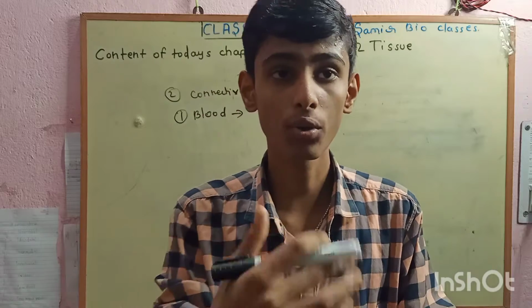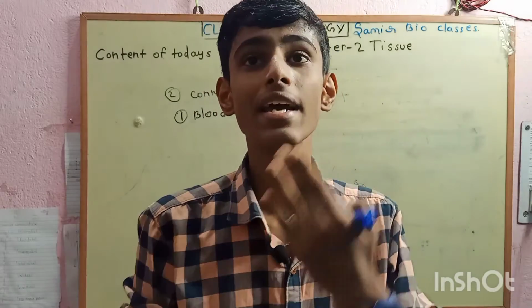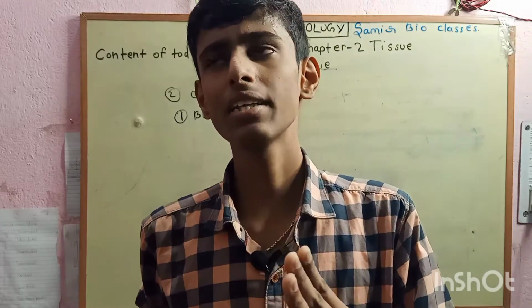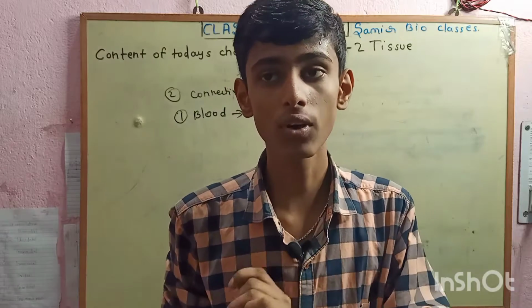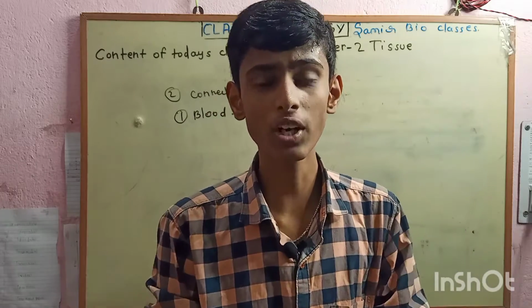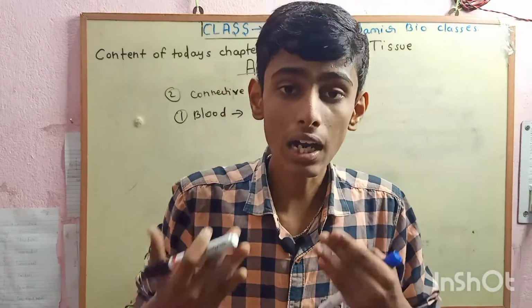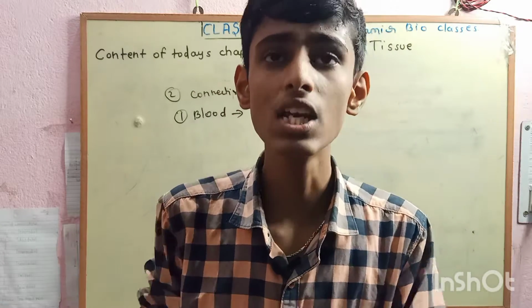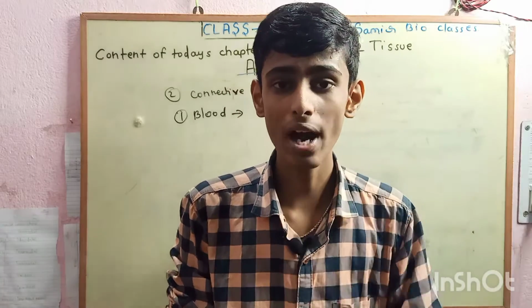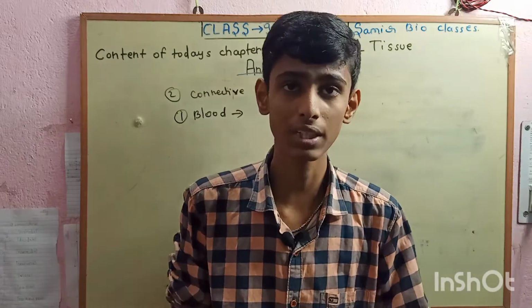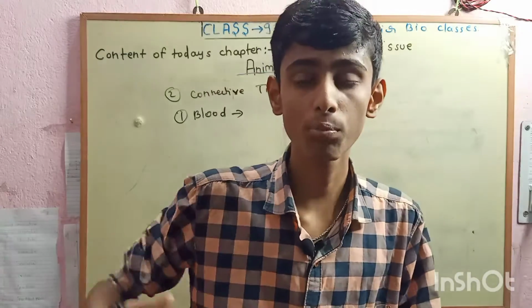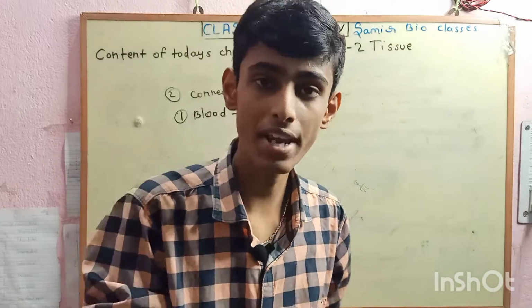It helps in protection against various pathogens. If you study chapter 4, there is one topic, the immune system, which helps protect our body through WBC. There are various types of WBC which protect our body from pathogens like bacteria, virus, fungi, protozoans, all of this.